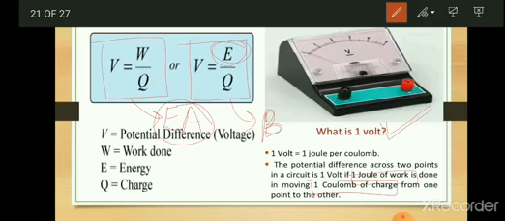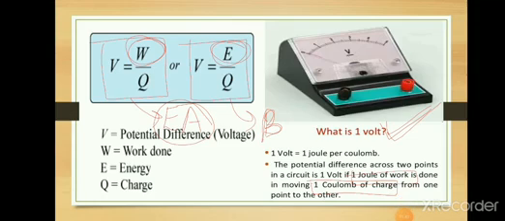If battery utilizes 1 joule of work to travel 1 coulomb of charge from one place to another place, then it is also called 1 volt. If the electrical appliances do the work of 1 joule when 1 coulomb of charge travels from one place to another place, this is called 1 volt.